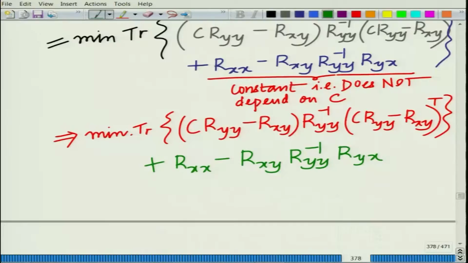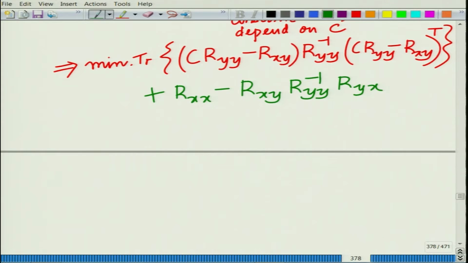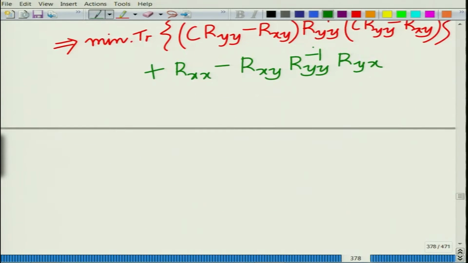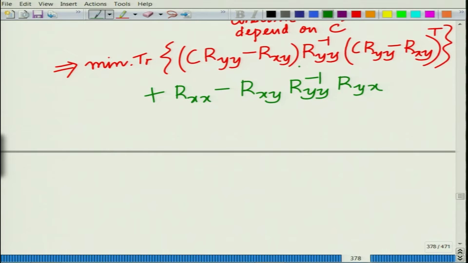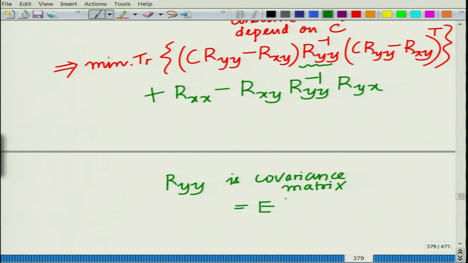Now, to minimize this quantity, note the r y y inverse. This is interesting because r y y is a covariance matrix, which, if you remember, is basically the expectation of y bar y bar transpose.